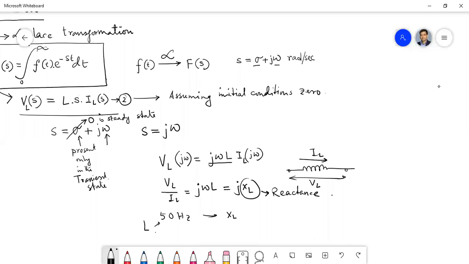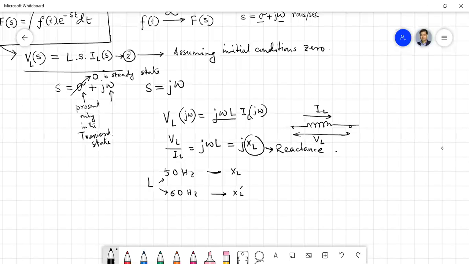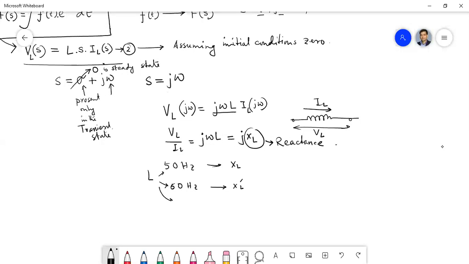But in some other countries, like European countries, they use 60 hertz supply, and they would get a different reactance value. In most aircraft they use 400 hertz supply, so you will get a different reactance value for the same inductance. So inductance is the basic property of the coil, but reactance is a derived one, and it also depends on the frequency.